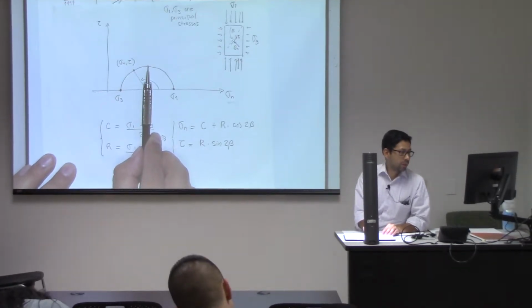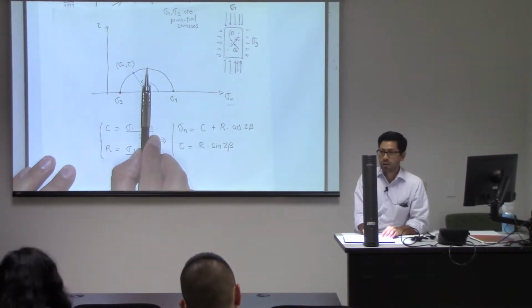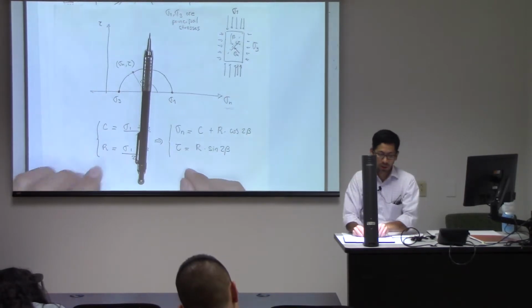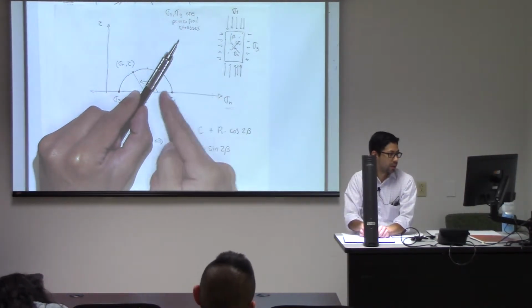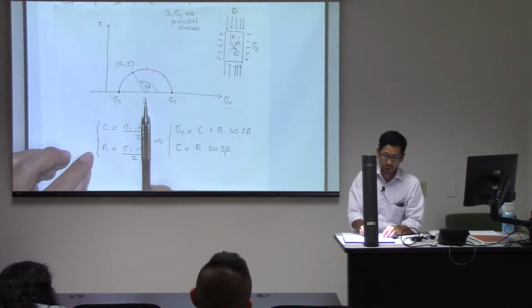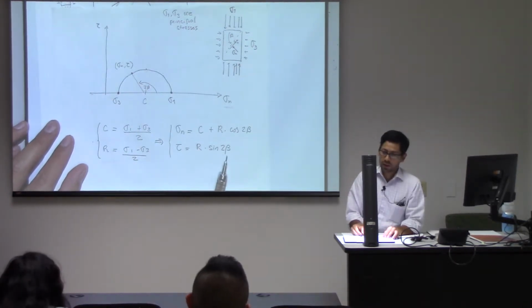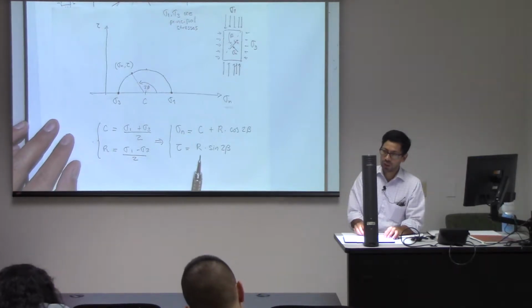And what is the cosine of 90 degrees? 0, right? So remember the cosine will be the projection of this line on this side. So if it's like that, it's going to be 0. So sigma n is just going to be at the center right here. And the sine of 90 degrees is going to be 1. So tau is going to be equal to the radius.